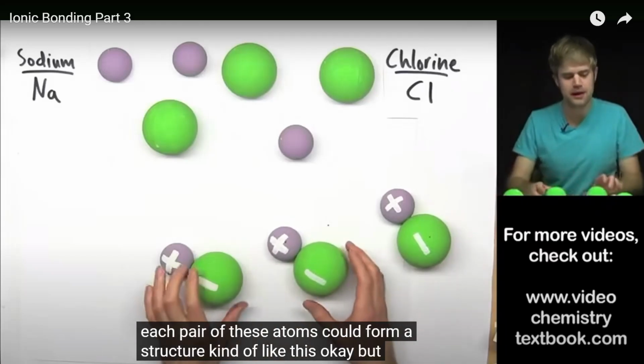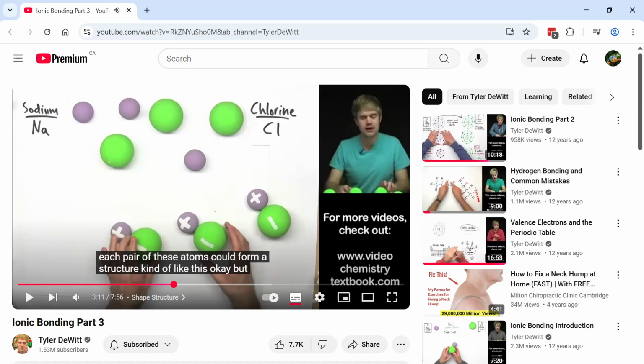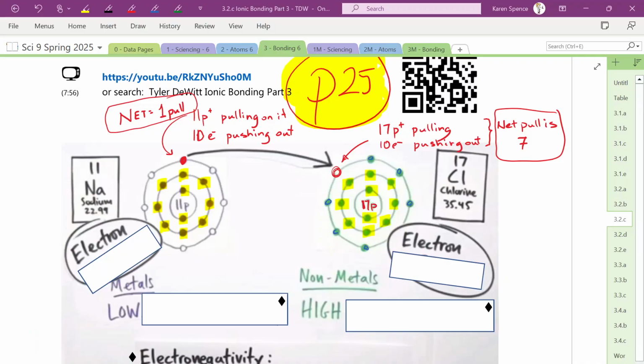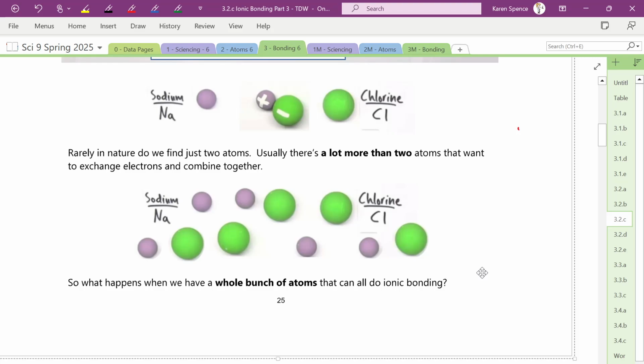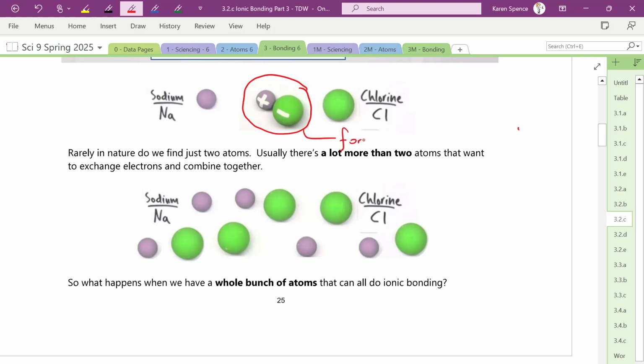This thing right here, that is a formula unit.